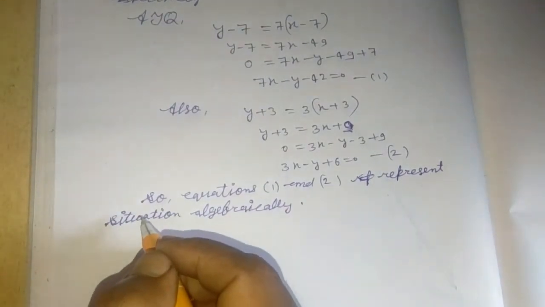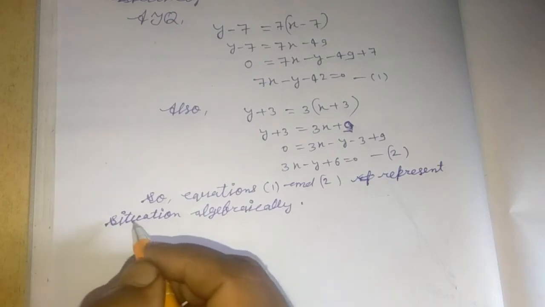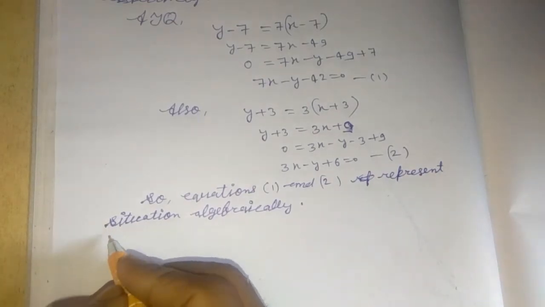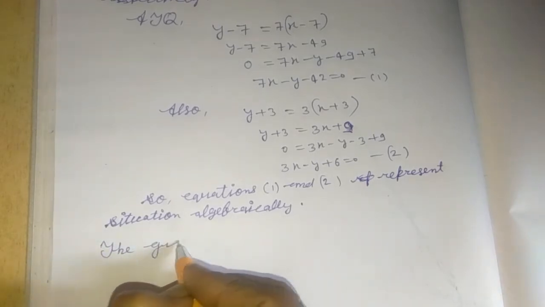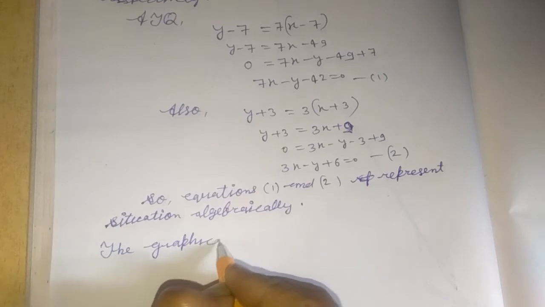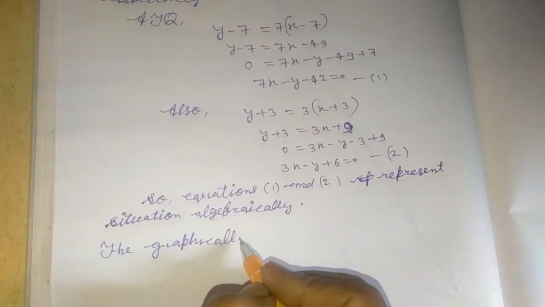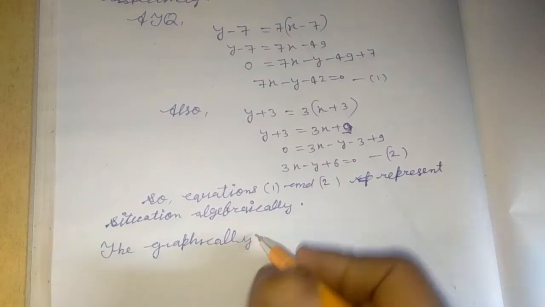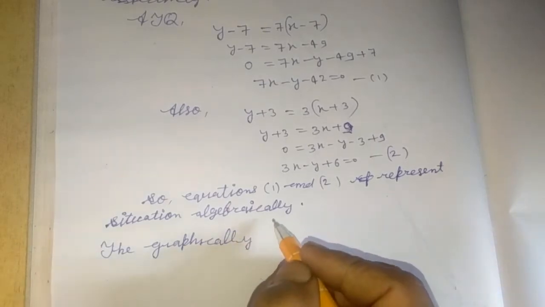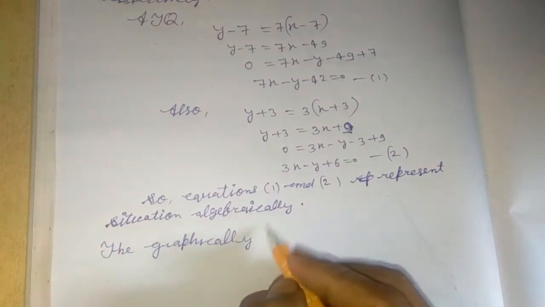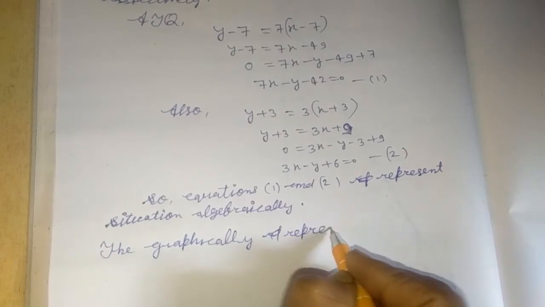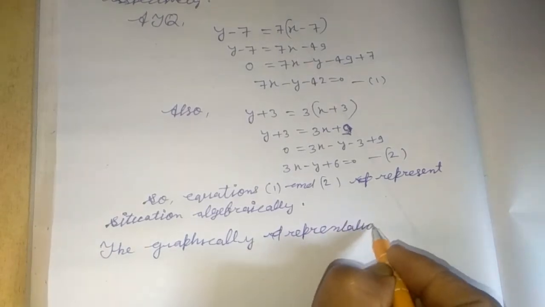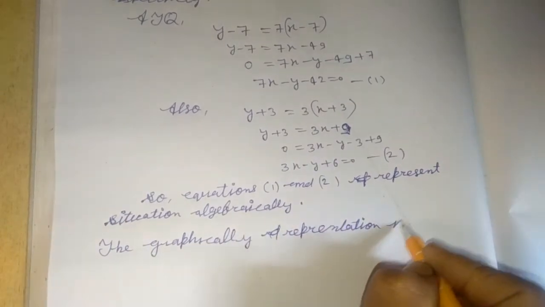Again we will represent the situation graphically or geometrically. So we write the graphical representation is.